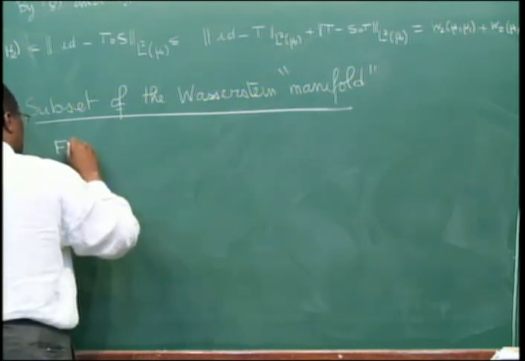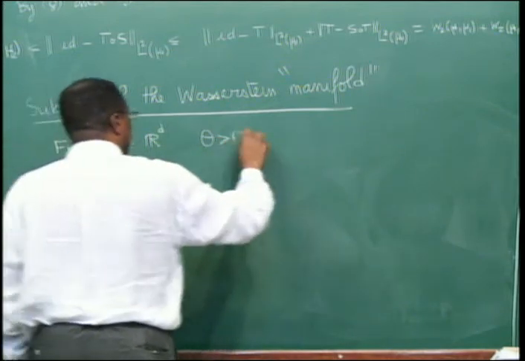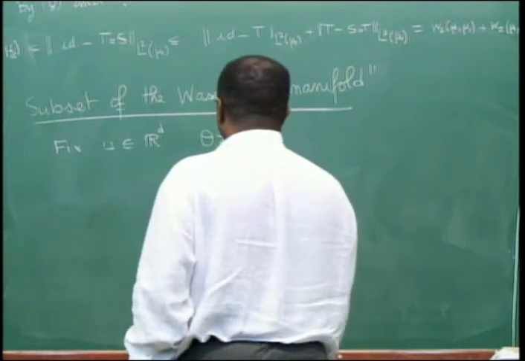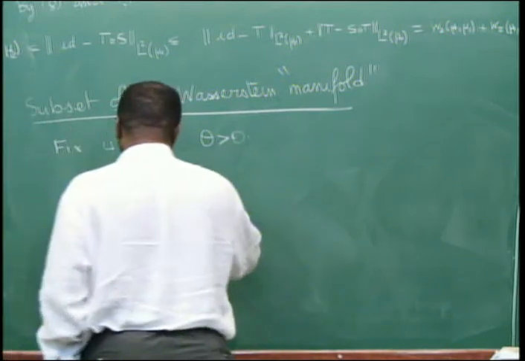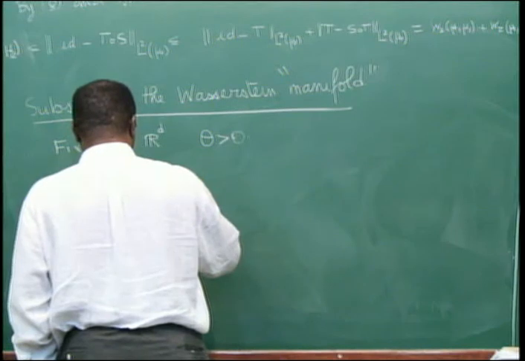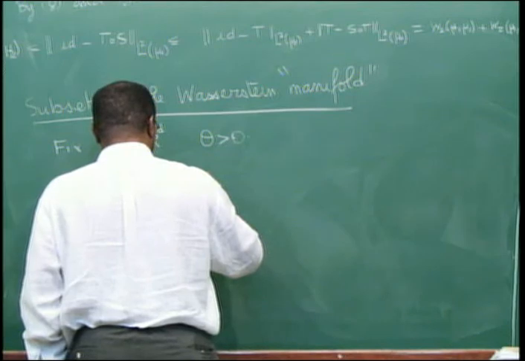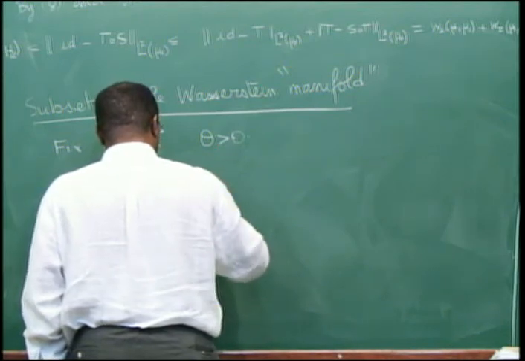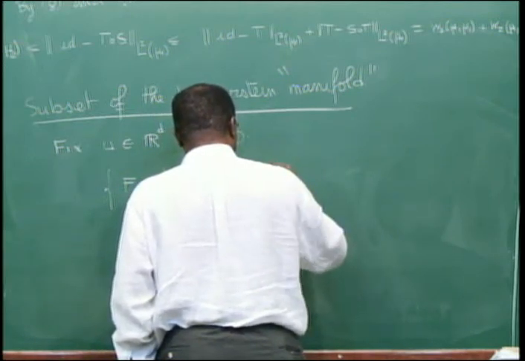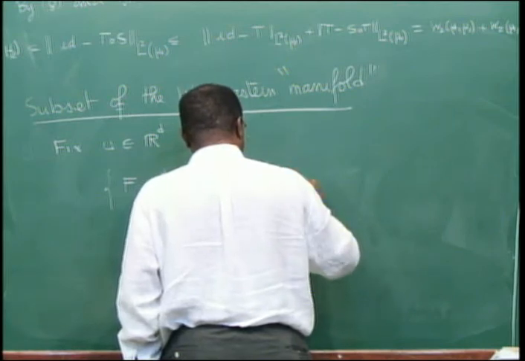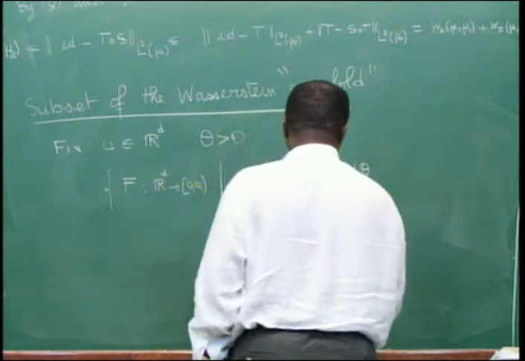So fix U in RD, theta greater than 0, and look at the set of F from RD to 0 plus infinity, Borel, such that the distance between F and the Dirac mass at U is d theta.